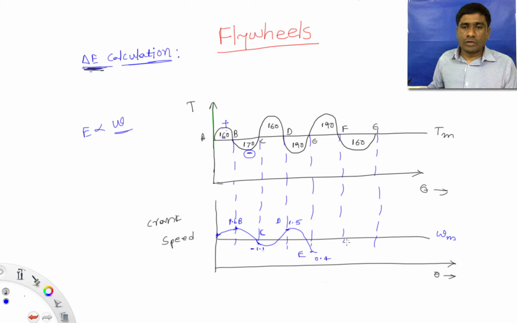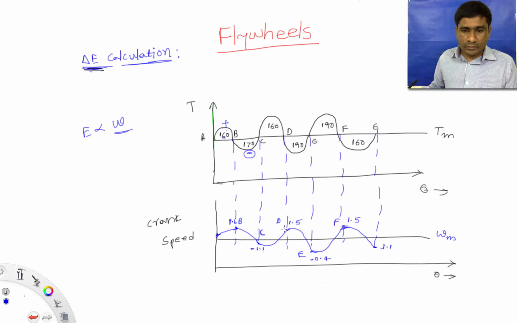And at point F again, minus 0.4 plus 1.9. How much? That is 1.5. This is again going like this, that is point F. And at point G again 1.5 minus 1.6, that is 0.1 minus value.